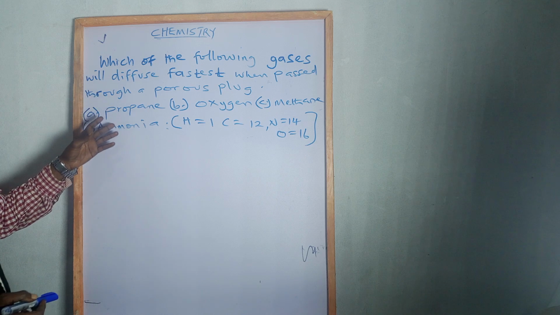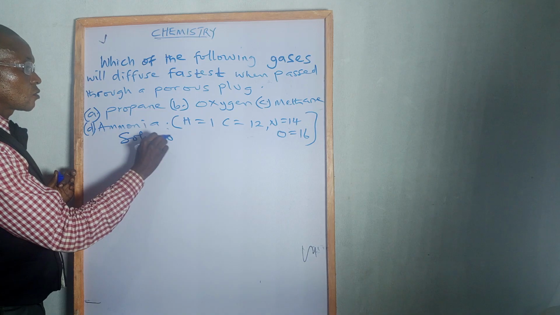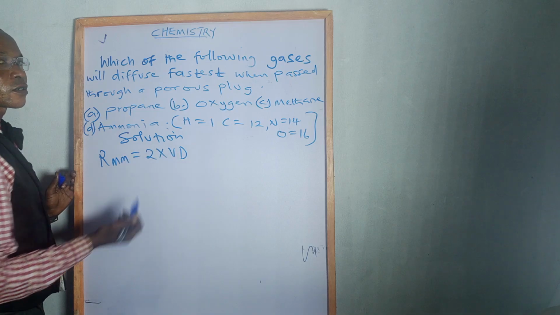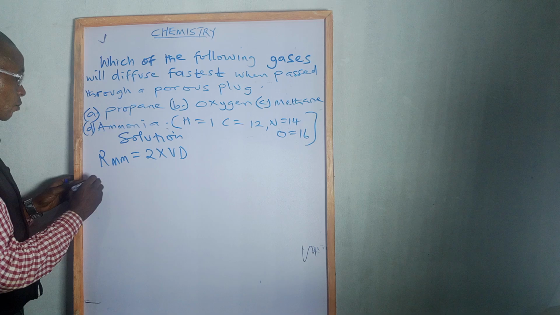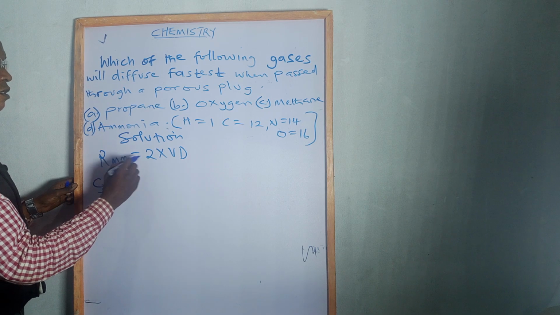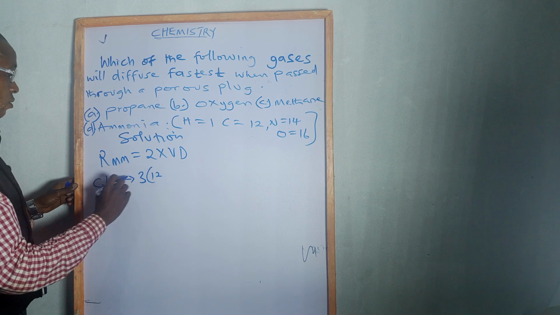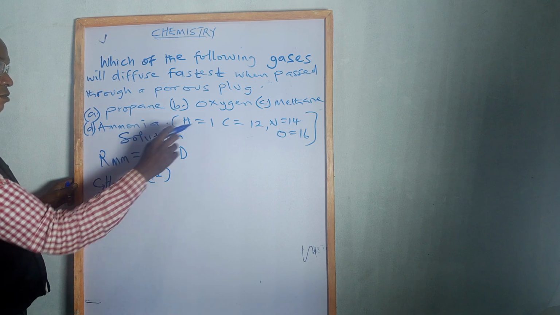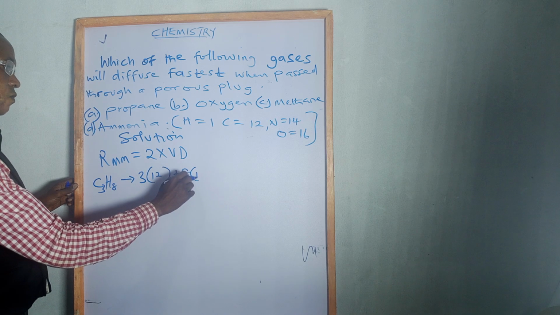When you have a question like this, the relation we normally use is that RMM is equal to 2 multiplied by vapor density. So you start by calculating the relative molecular mass of each of these. For propane, we have C3H8. When you calculate the relative molecular mass of propane, we have 3 into bracket 12, remember carbon is 12, plus 8 into 1.